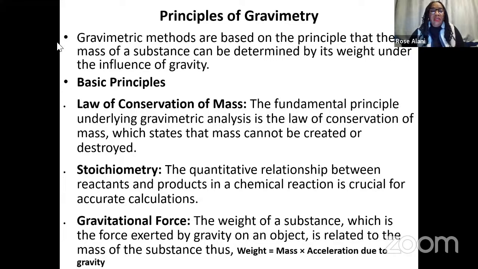It's also based on stoichiometry. In this case, the quantitative relationship between the reactants and the products in a chemical reaction is very crucial in calculating the mass of the substance accurately.